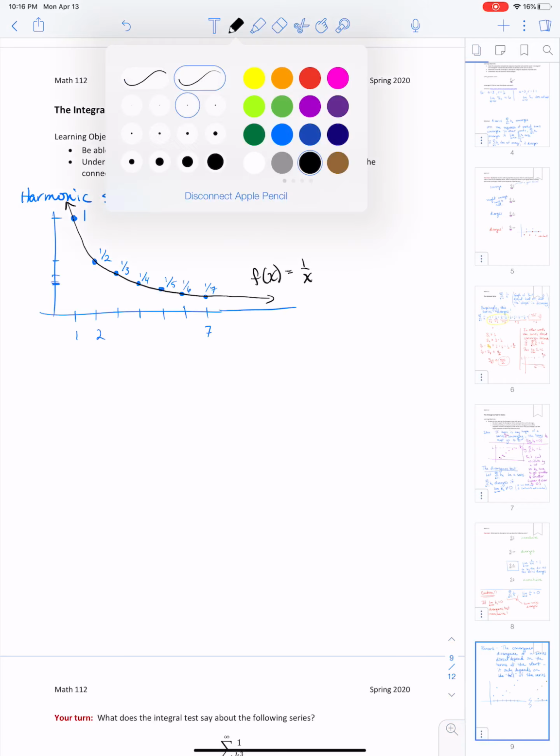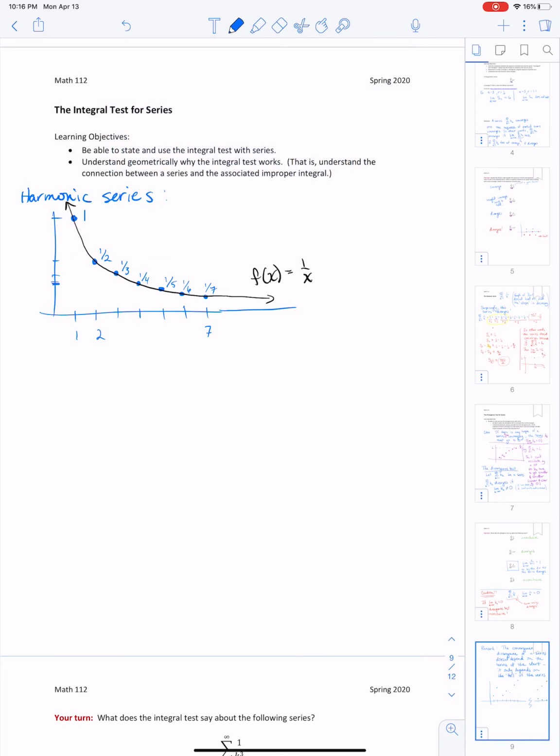So the helpful observation here is that if I draw boxes, and this kind of harkens back to Riemann sums, right?